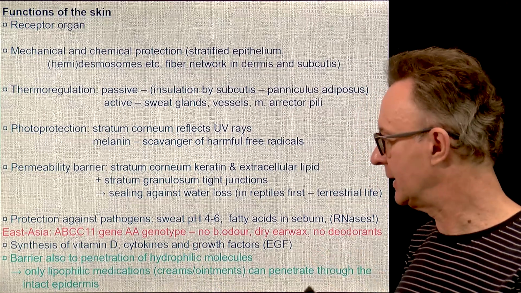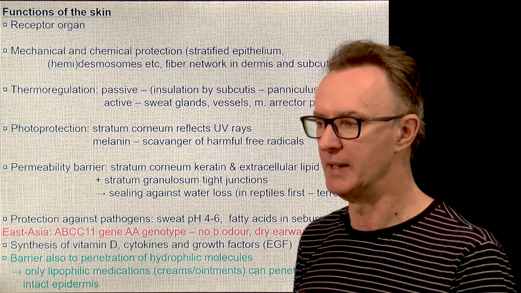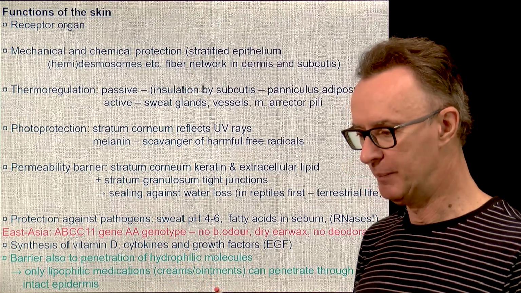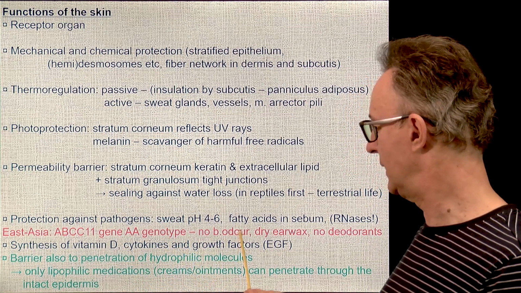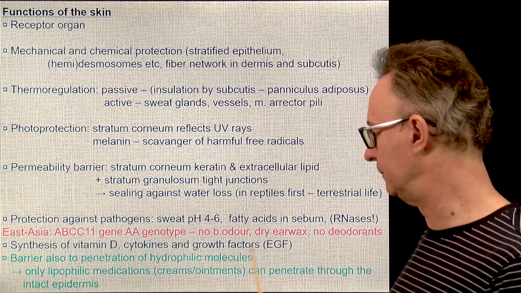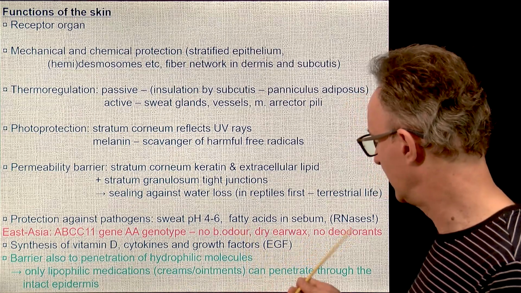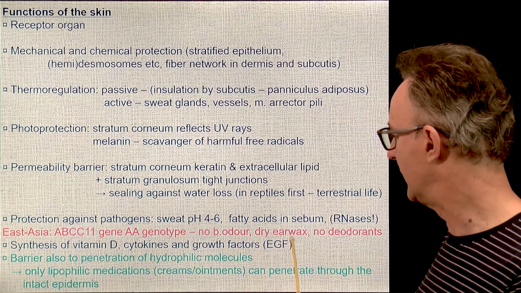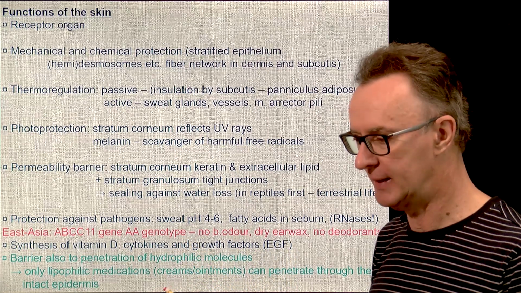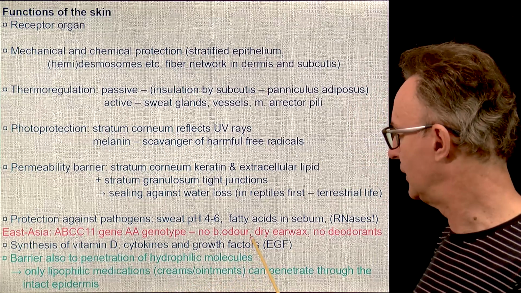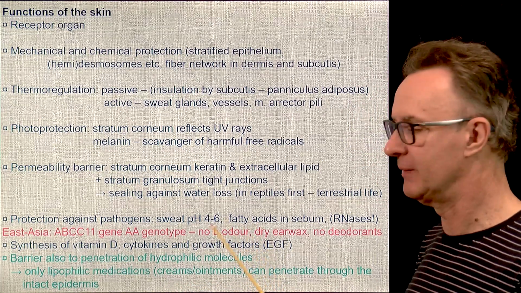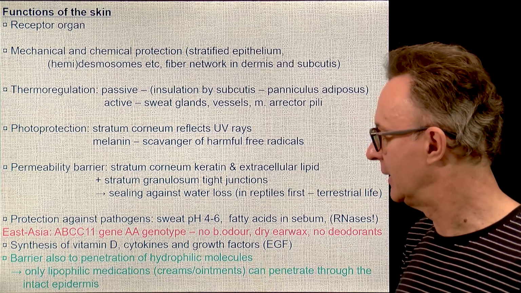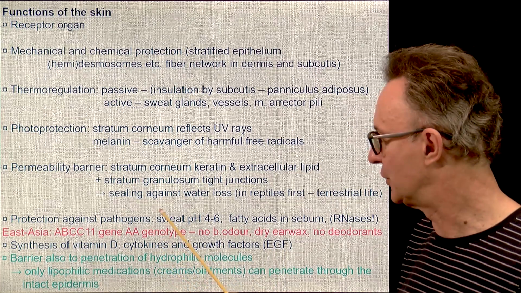These are missing, and that's why the bacteria don't break down these special substances because of the lack of the pump, and they basically don't have body odor. They don't use deodorants, and they also have very special cerumen in the external acoustic meatus. They don't have creamy earwax, they have a very dry, odorless earwax. I asked the South Koreans, and it's true.